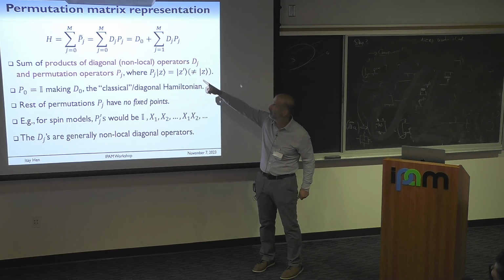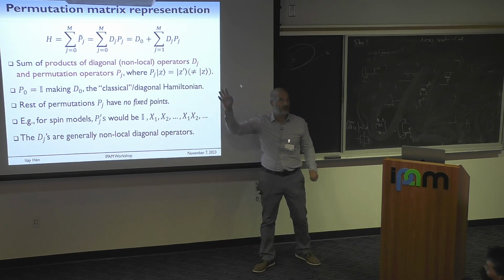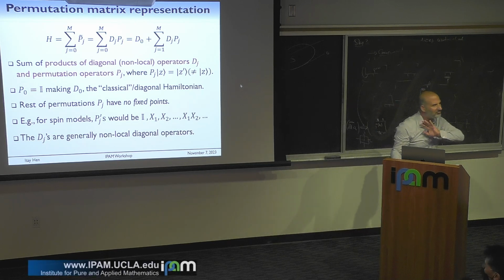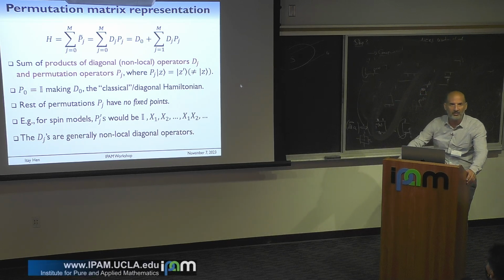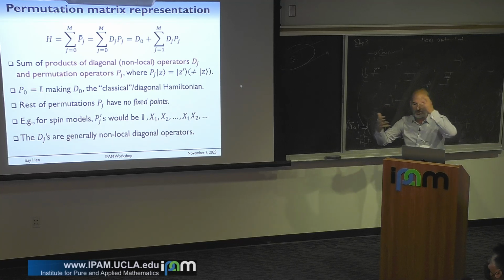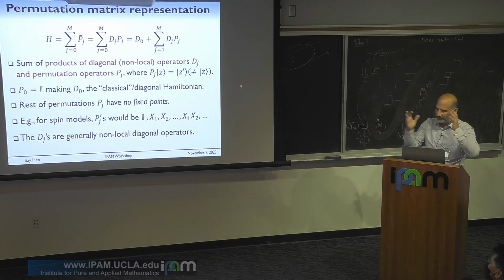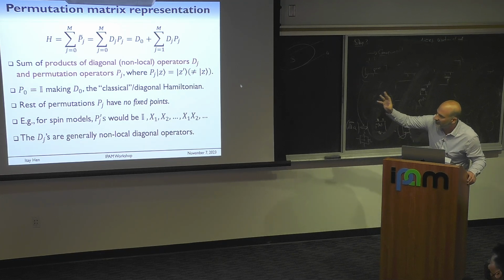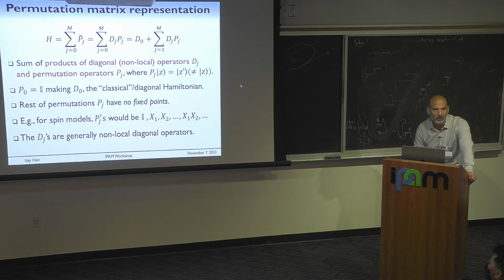So if the permutations are X, then Z times X is the Y. I'm really not excluding anything. Everything is there, and everything is simple. In fact, the D's could be a sum of many terms, a sum of many Pauli Z's. The P's are Pauli X strings, okay?